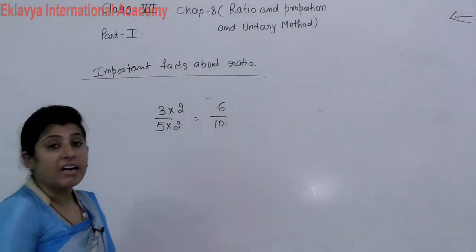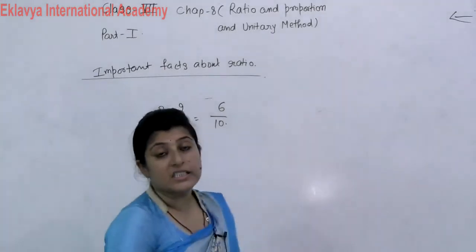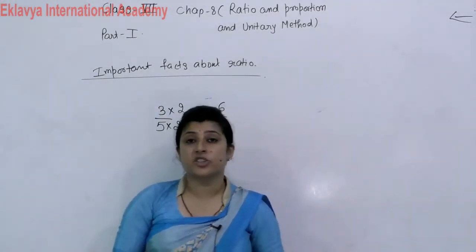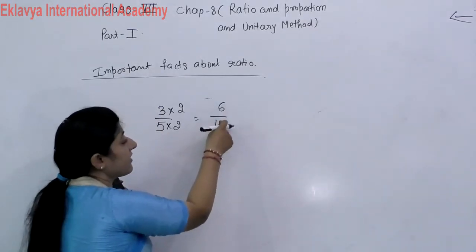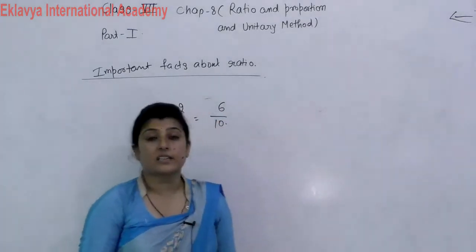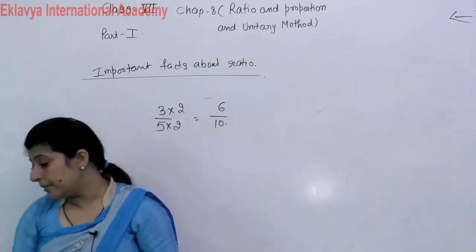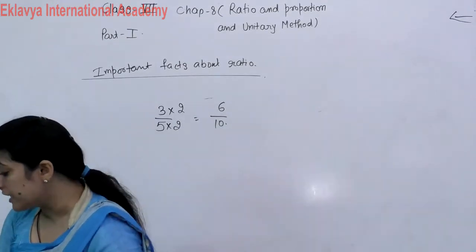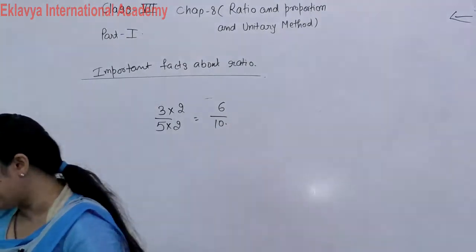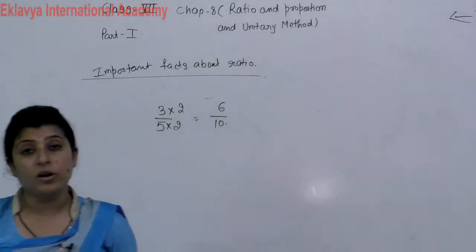But at the end when you take the ratio, it will be the same, unchanged, that is also 3 ratio 5, because 6 upon 10 when you divide by 2, it becomes 3 ratio 5. It means the ratio will remain unchanged if each term of the ratio is multiplied or divided by the same non-zero number.